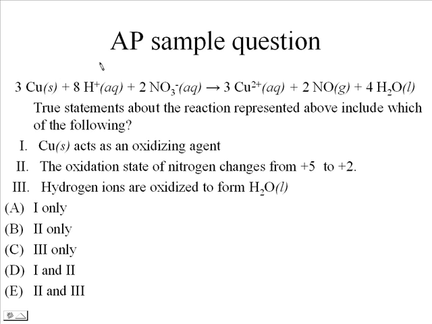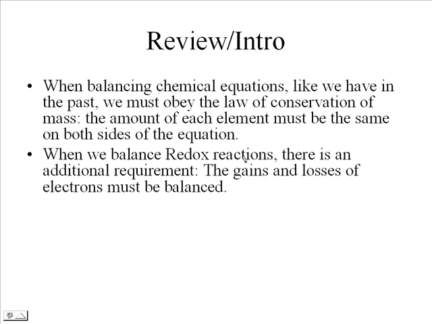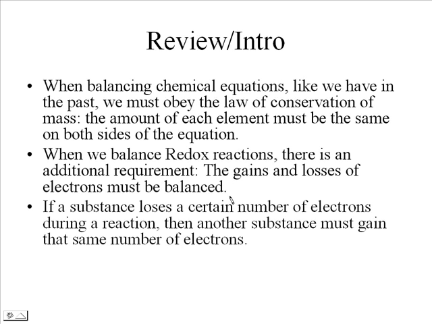So if copper, as we said, loses a certain number of electrons, nitrogen must gain that same amount. So with redox reactions, the electrons must also be balanced. So if a substance loses a certain number of electrons during a reaction, then another substance must gain the exact same number of electrons.